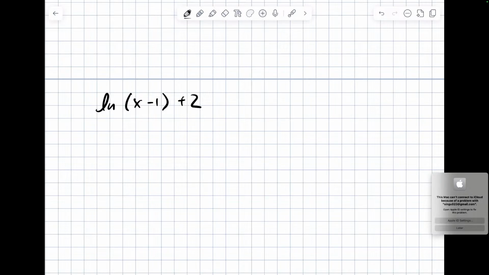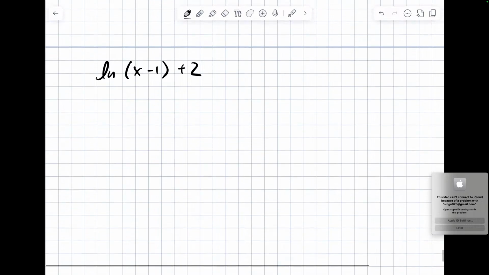You're going to go right one, up one, and put your point. There's also an asymptote as well. I don't know from there, but I know roughly.